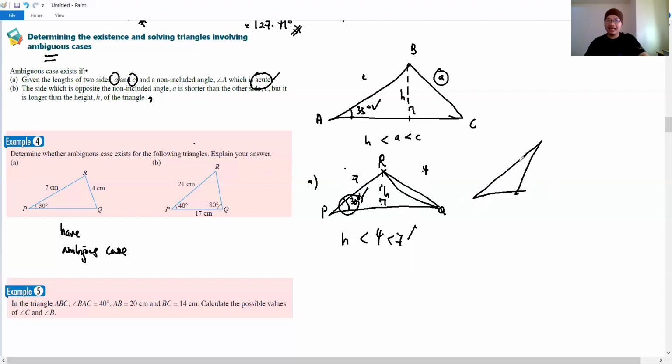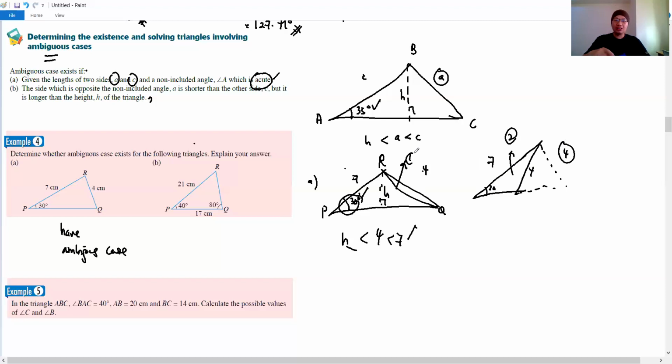You see, actually the diagram is like this, including the dotted line. But because I want to show you the ambiguous case, the 30 degrees still remains and the 7 also remains. This other side is actually 4, right? Initially it's 4 here, but I put it 4 here. Now this is what we call the second diagram. This is the first diagram. This is what I call the ambiguous case.